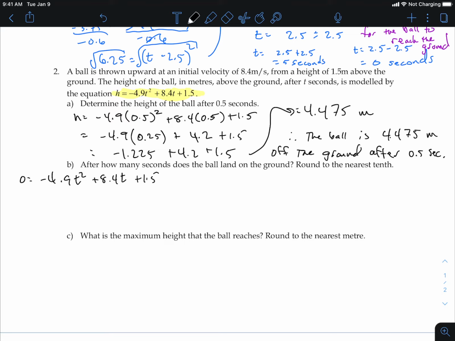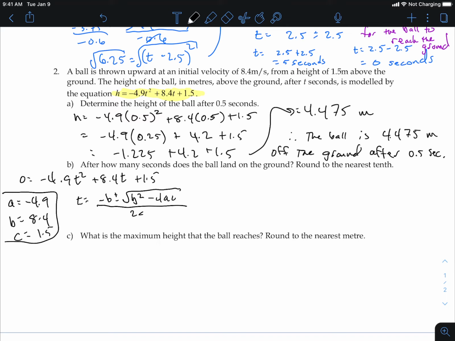I have an A value equal to negative 4.9, a B value of 8.4 and a C value of 1.5. Plug it in. t is equal to negative b plus or minus the square root of b squared minus 4ac, all over 2a.